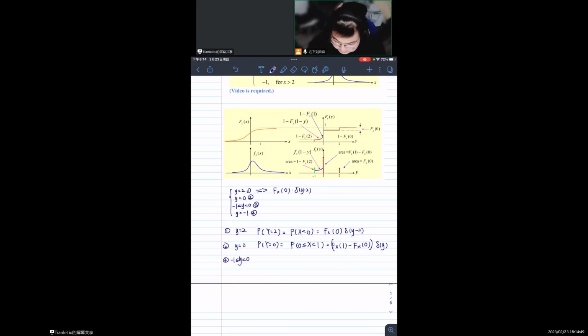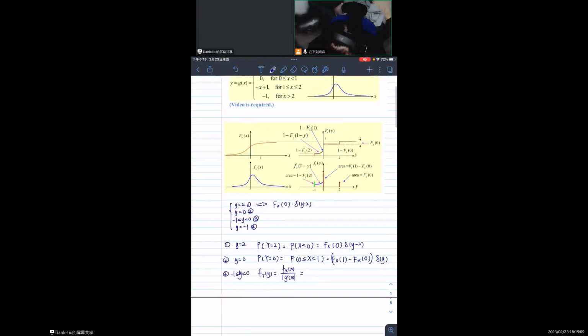For this one, it's kind of special. We need to use one definition: the density function of y equals the density function of x divided by the derivative of g(x) in absolute value.